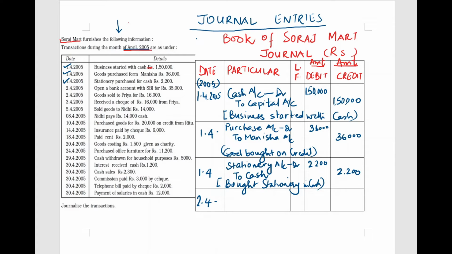So I'm paying cash; from my pocket, cash is going out, so I will credit cash. But bank is increasing, so I will debit bank. So I will say bank account debit to cash, right?